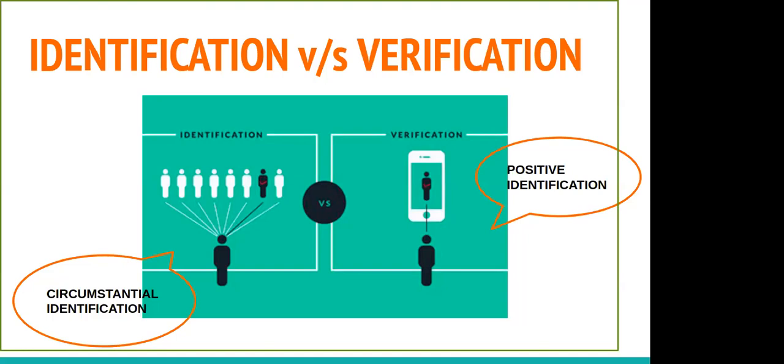When we do this 1-to-1 comparison, it is to validate our observations and to ascertain that our assumption about that identity was right. That is what we call verification. And because verification involves point-to-point comparison, we call it positive identification. In any kind of legal case, if you want to establish the identity of the individual, then verification is something that we do.